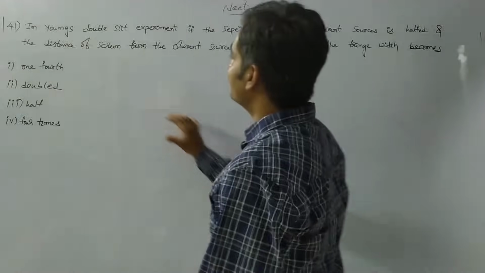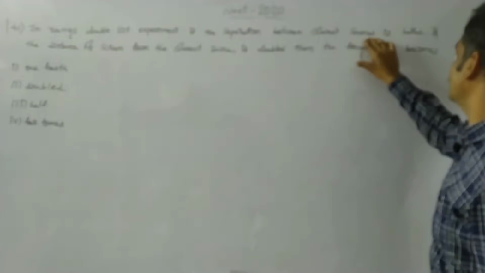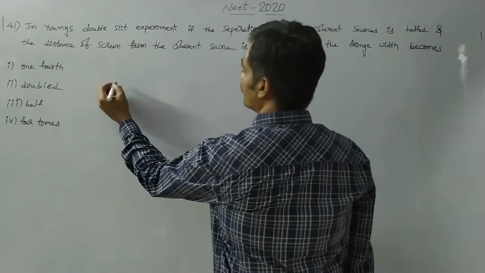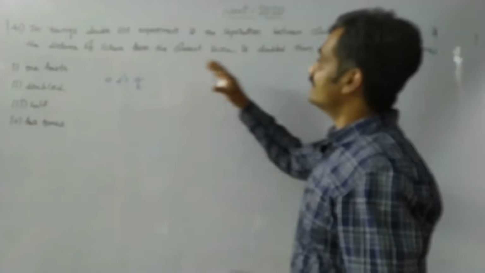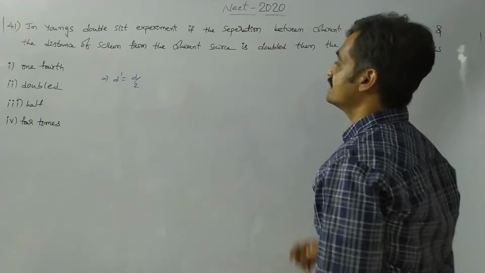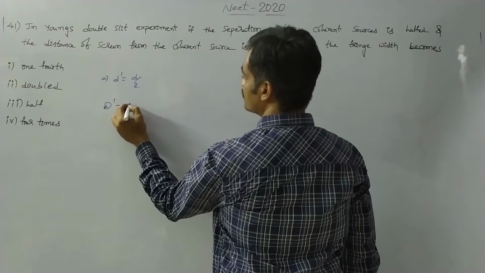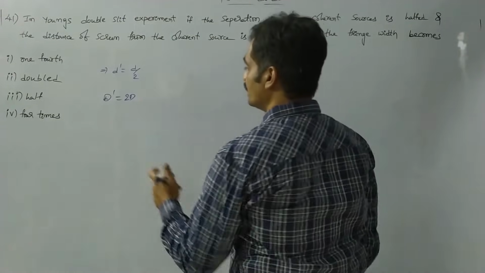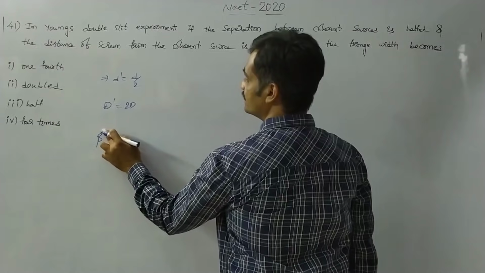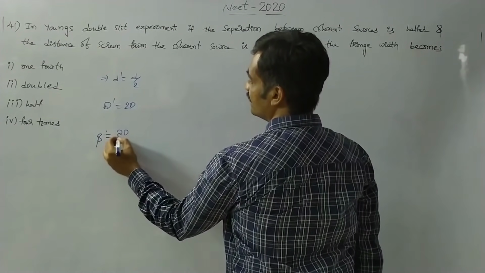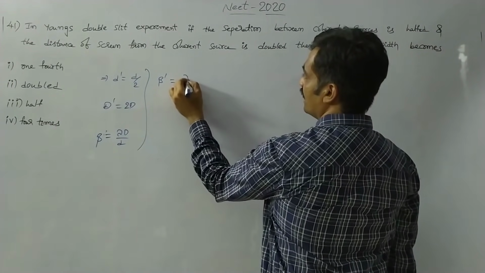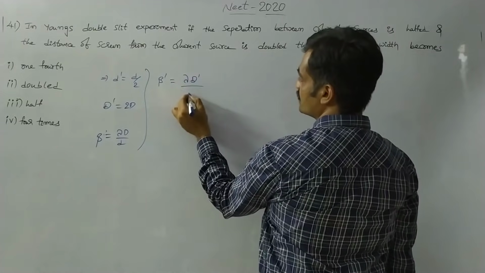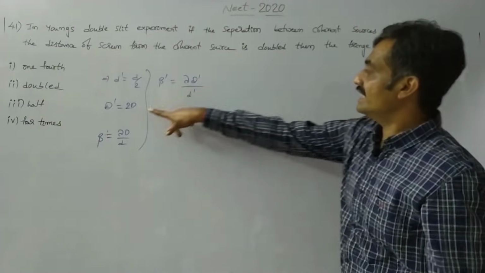The next question is, in Young's double slit experiment, if the separation between coherent sources is halved, then we can represent that small d dash = d/2, and the distance of the screen from the coherent sources is doubled, then capital D dash = 2D. Then the fringe width becomes? Here we know that the fringe width is β = λD/d. Then the new fringe width is β dash = λD dash/d dash, where D dash = 2D and d dash = d/2.